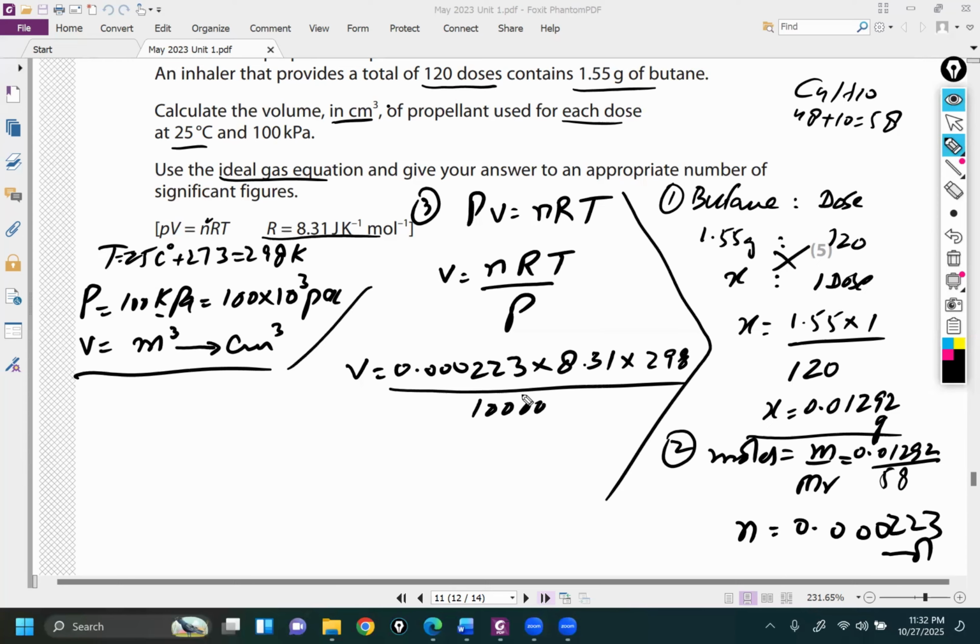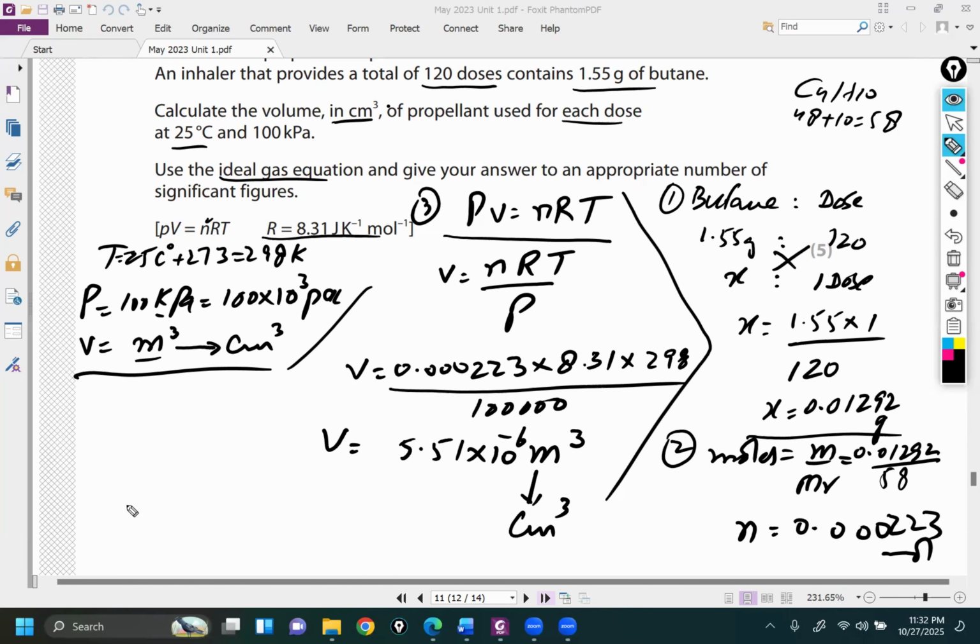So you can do like this also. So when you calculate this, you will get the answer 5.51 times 10 raised to the power minus 6. As I told you, whenever we use this formula, the volume will be calculated in meter cube. But we have to change into cm cube.